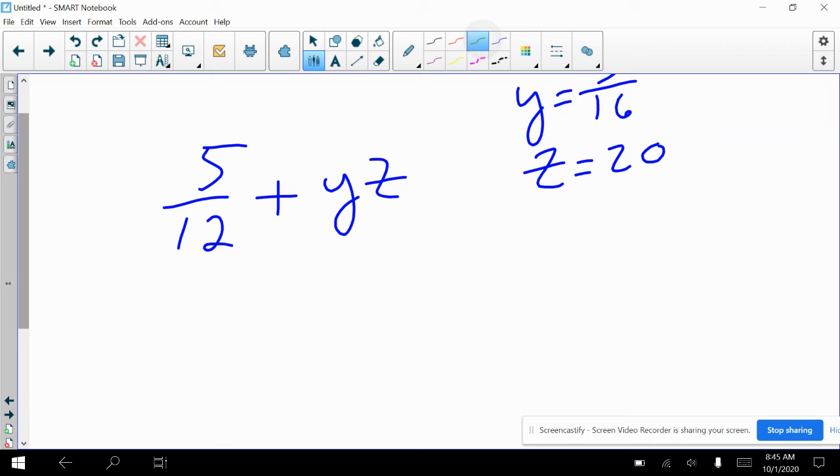All right, let's plug in our numbers. We have 5/12 plus y, which is 3/16, times 20. And I'll put 20 over 1. Can we cross reduce? Yes, we can. Which way do we cross reduce it?